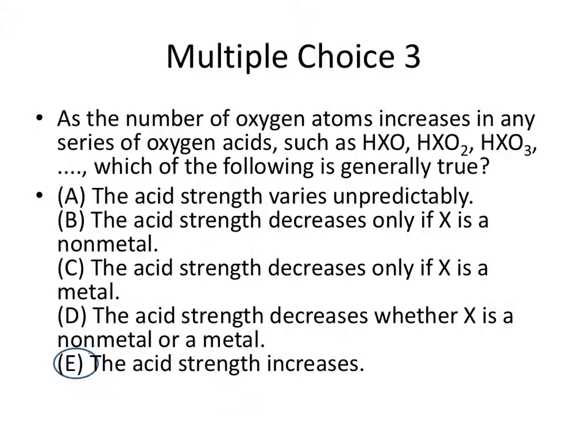That's wrong. The acid strength decreases only if X is a metal. Wrong. The acid strength decreases whether X is a metal or a nonmetal. Wrong. The acid strength increases. Yes, because we're adding more and more oxygens. So as the number of oxygen atoms increases, the acid strength increases as well.